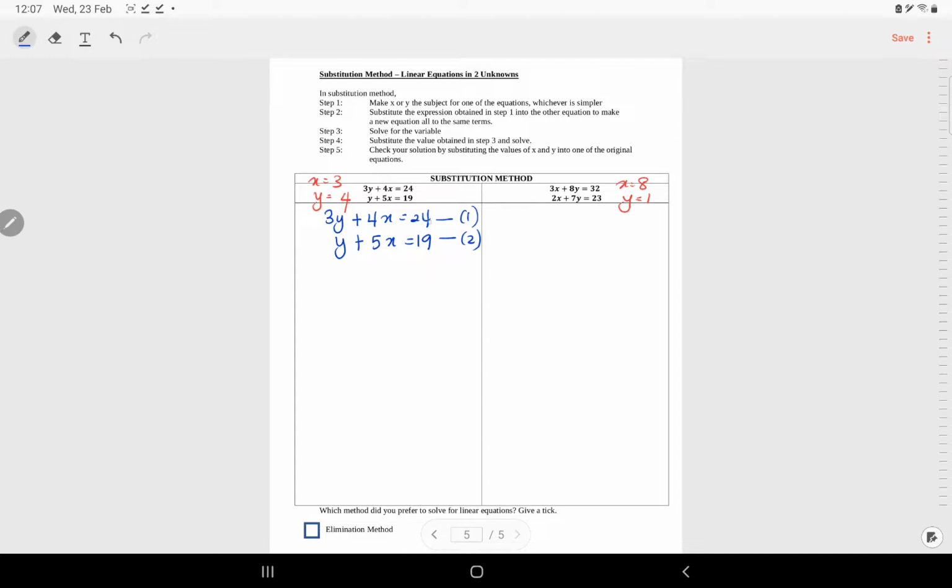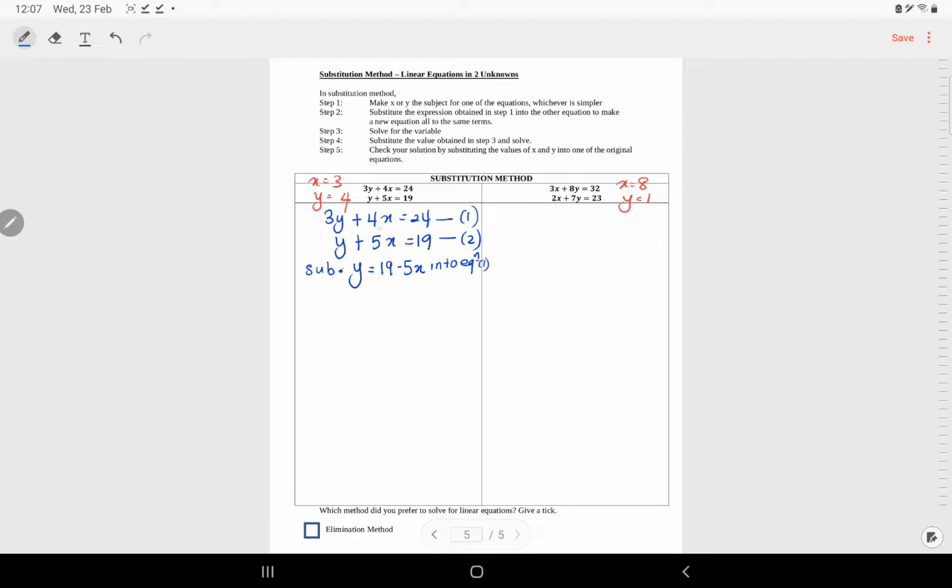If you compare equation 1 and equation 2, I can make y the subject here. So I rearrange this: y equals, I bring 5x to the other side, so 19 minus 5x.